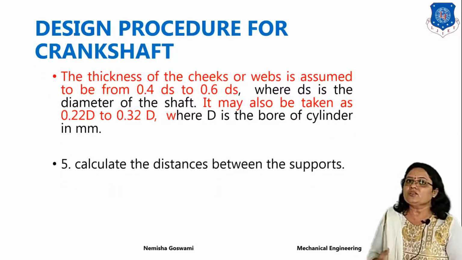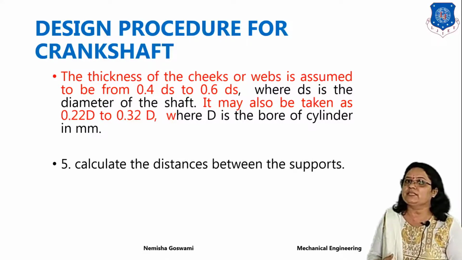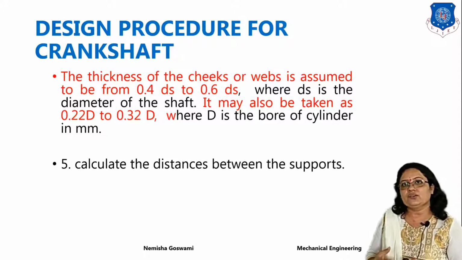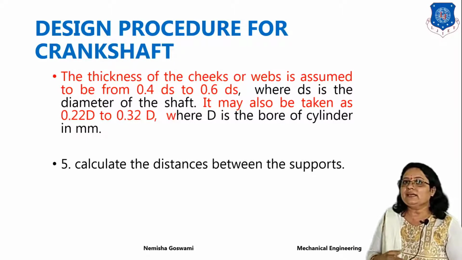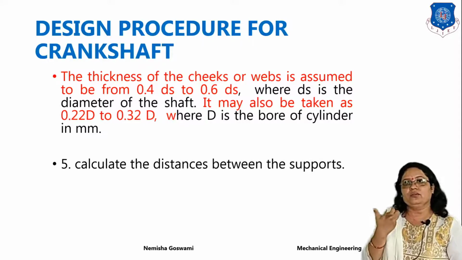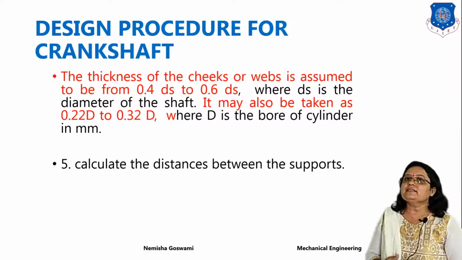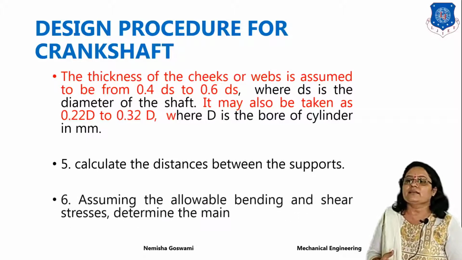The thickness of the cheeks or web is assumed to be 0.4 ds to 0.6 ds, where ds is the diameter of the shaft. These are again standard values, and you can take it from 0.22D to 0.32D, where D is the bore of your cylinder. The last point is to calculate the distance between the supports.